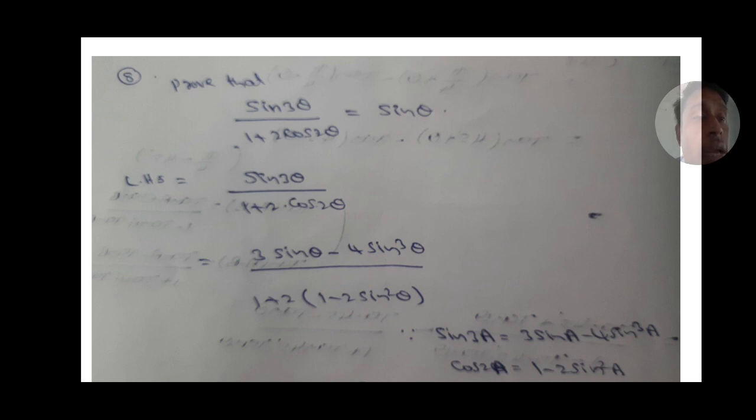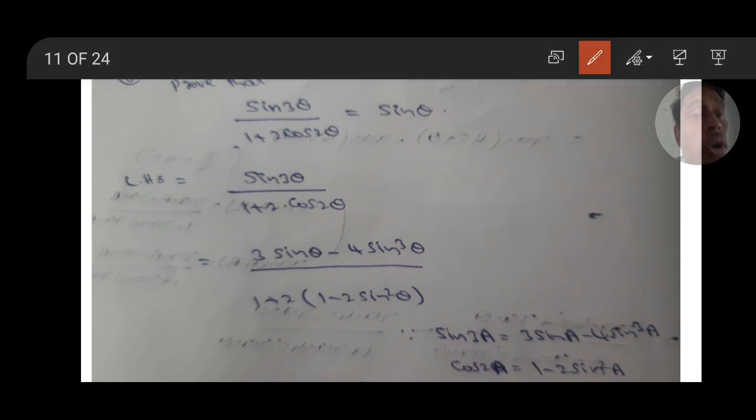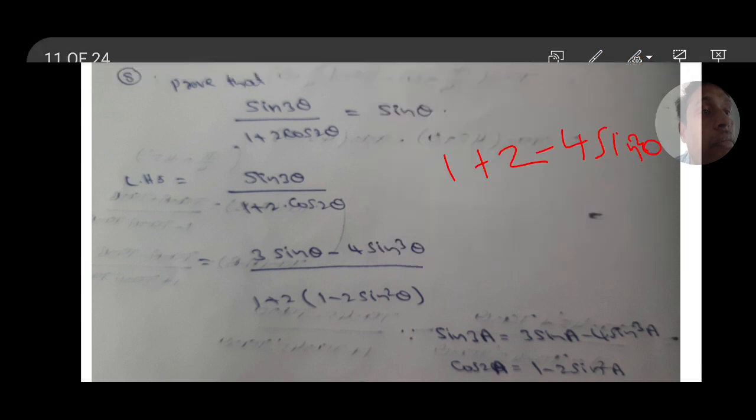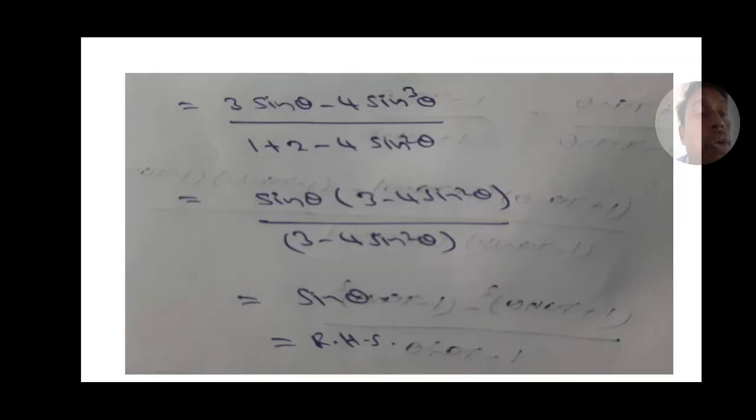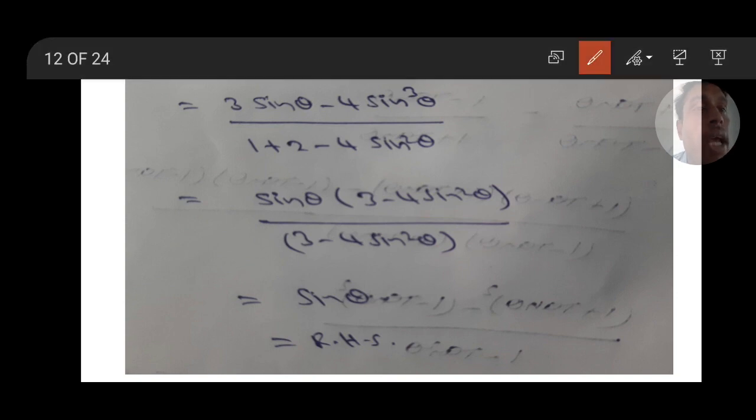If you multiply out the denominator: 1 plus 2 into 1 is 2, minus 2 into 2 is 4 sin square theta. So 1 plus 2 minus 4 sin square theta. And in the numerator, sin theta is common.